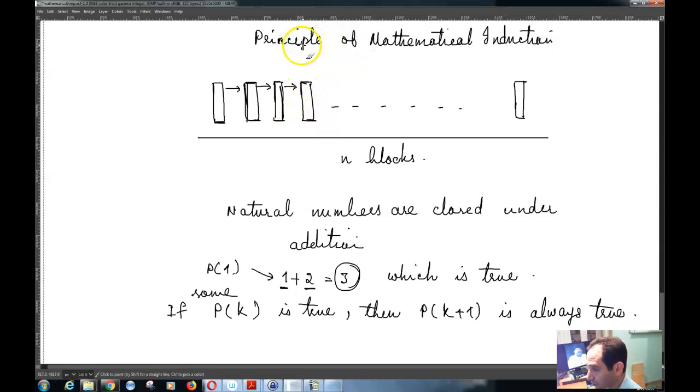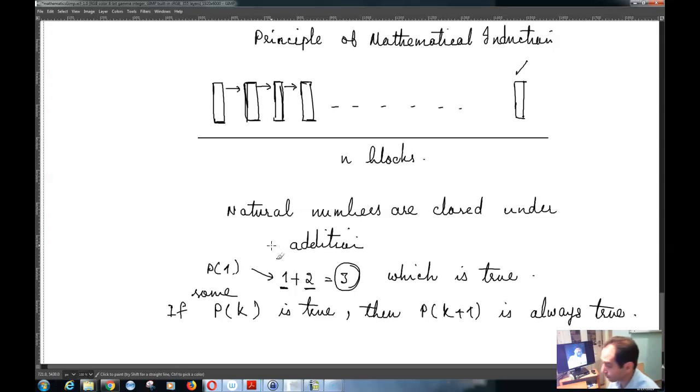Then I can conclude that the last block will inevitably fall over because of this process. That's the whole logic behind the principle of mathematical induction.